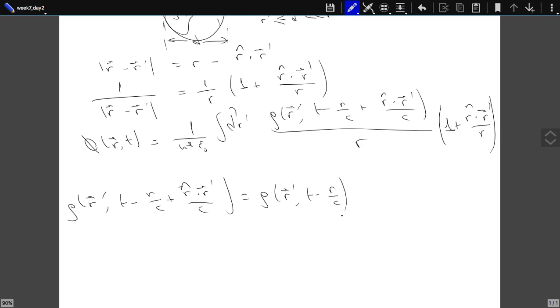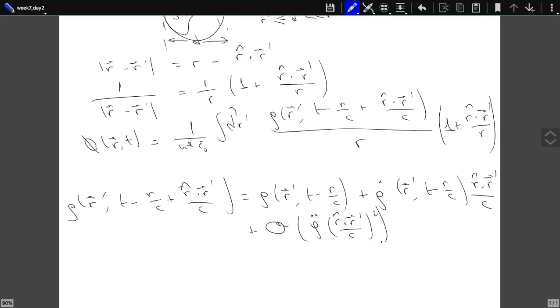This is the first term in the expansion, plus rho dot at r prime, t minus r over c, times r hat dot r prime over c, plus terms of the order of rho double dot times (r hat dot r prime over c) squared and higher order derivatives. We will ignore those.